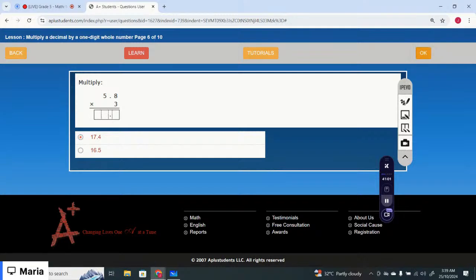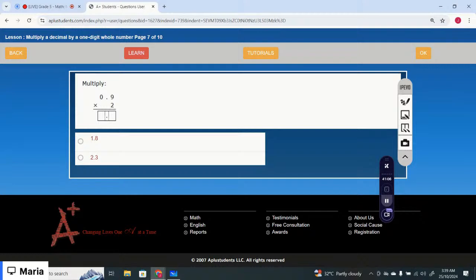Option number one is the correct option, right? 0.9 times 2, which is the correct option. That is 1.8.